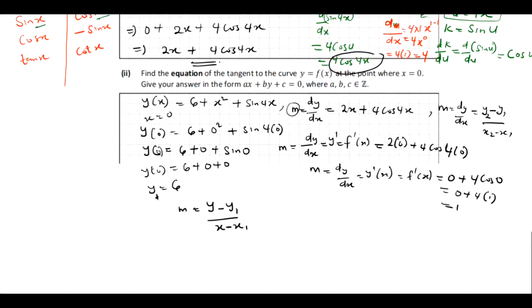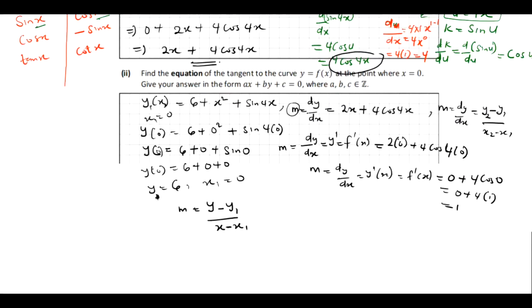This y I get here I'll call y1, and this one I will call x1. So I think there's no confusion. So y1 is 6, x1 is 0. So y1 is equal to 6 when x1 is equal to 0.